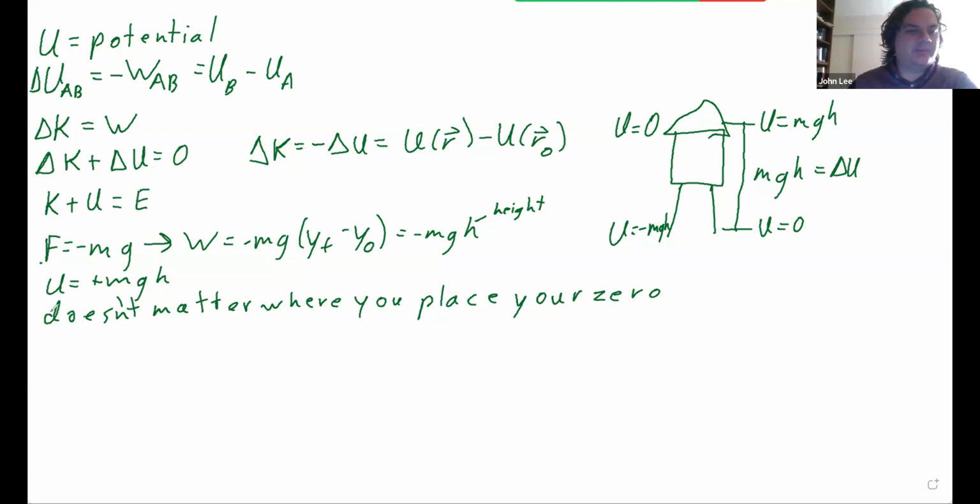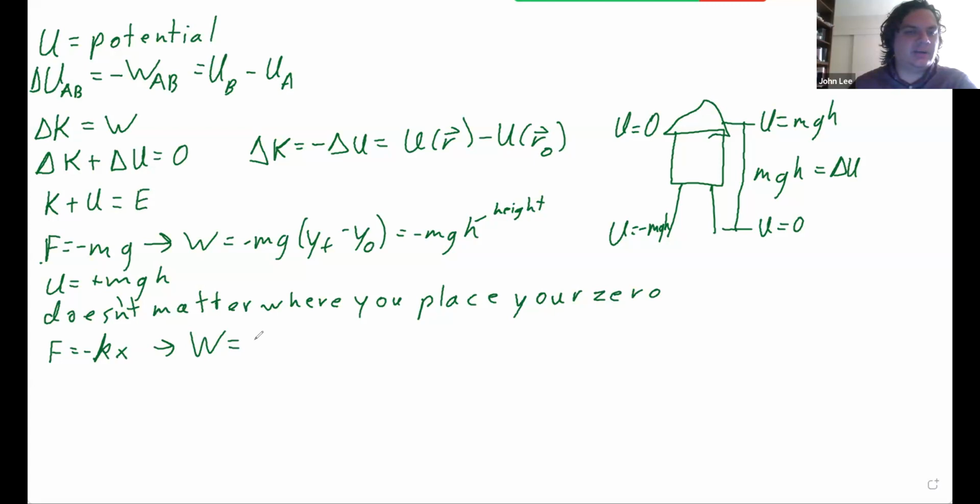So the other major point I want to get at is if we have F equals negative kx squared, then that gave us the work is equal, oh, sorry, I just kind of spoiled you.